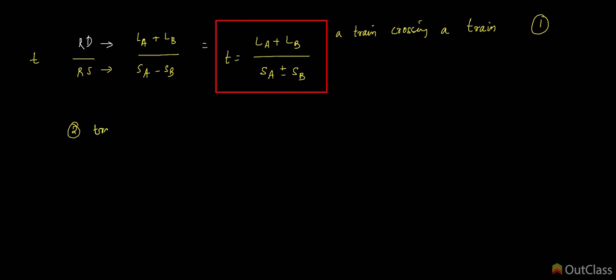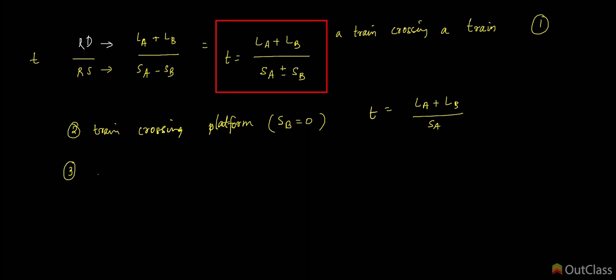So train crossing platform is just SB equal to 0, because the platform is a stationary train. So then the formula becomes T is equal to LA plus LB by SA.